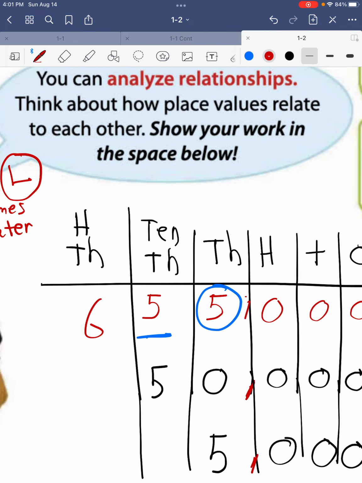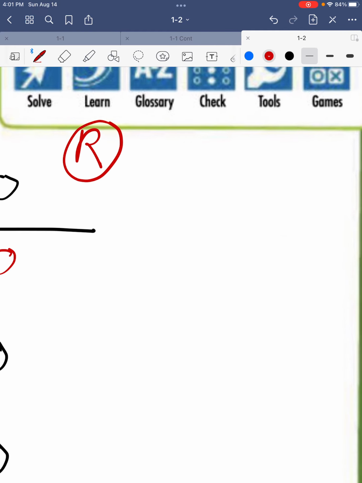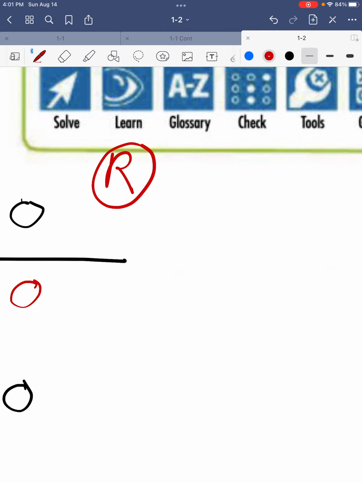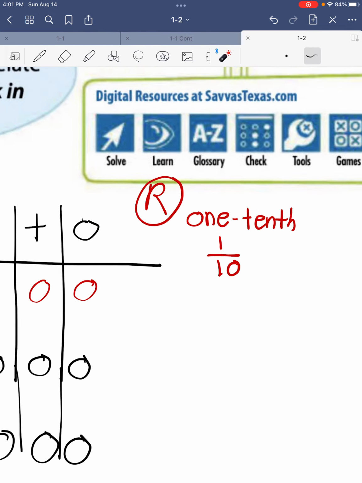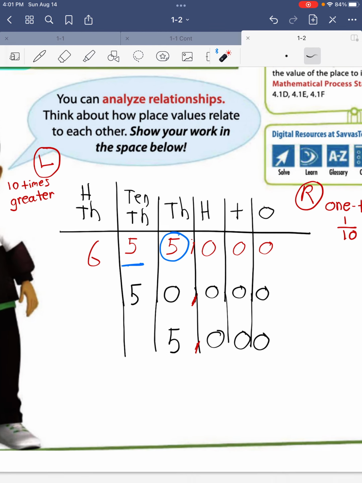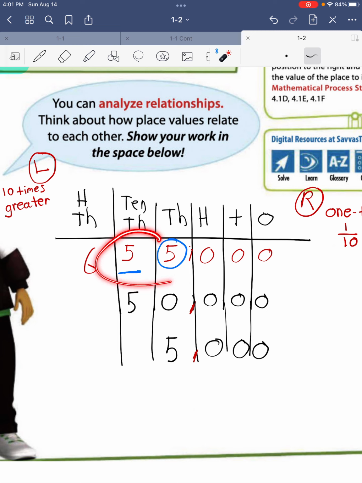If I go to my right side, it's going to be different. My right side is going to be 1/10. Or you can write it like this, 1/10. So anything on the right side is 1/10. So now again, let me look at these 5s. I'm just looking at these 5s.